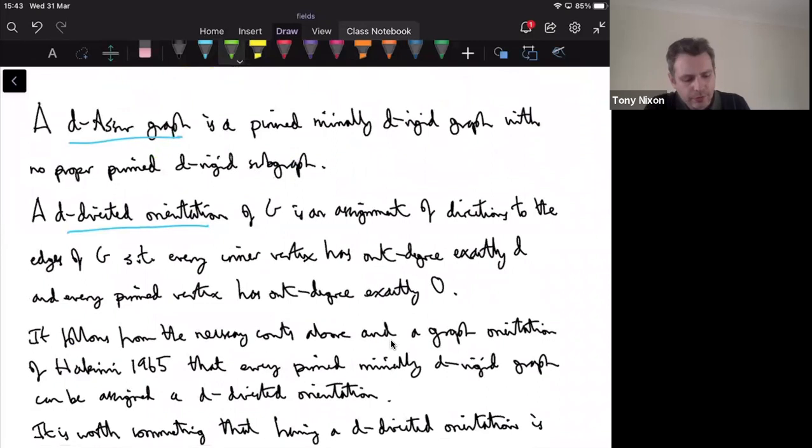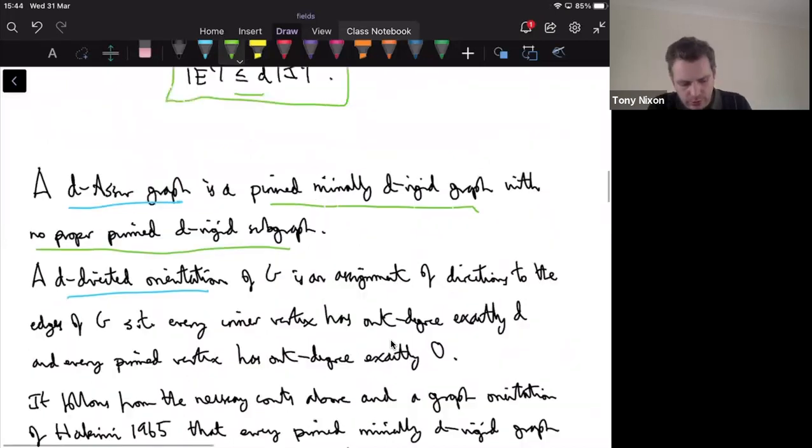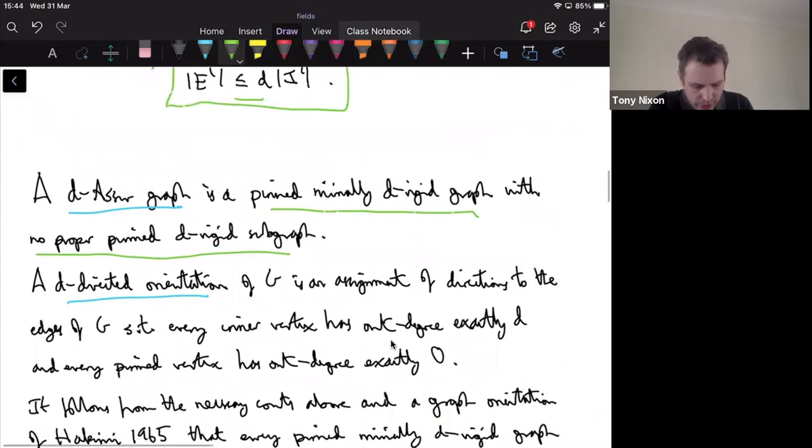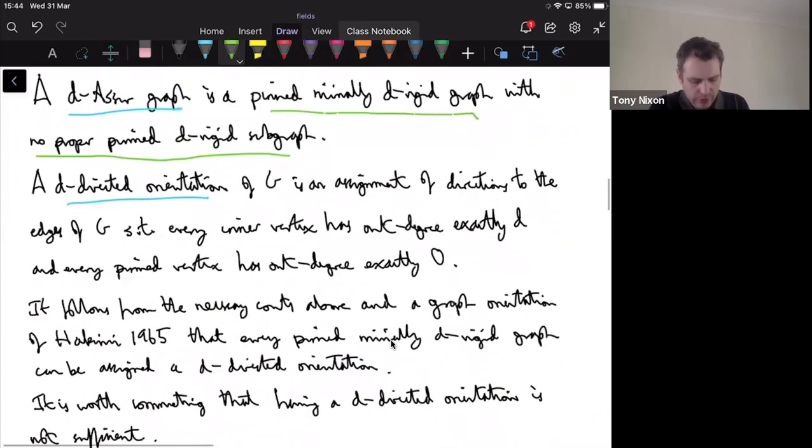Okay, so a d-Azure graph is a pinned minimally d-rigid graph, which is minimal in a second sense. As well as minimal in the sense that when you remove an edge, you lose the rigidity, it's also minimal in the sense that there are no proper pinned subgraphs which are themselves rigid. I'll draw some examples in a moment, so maybe I will defer the examples.